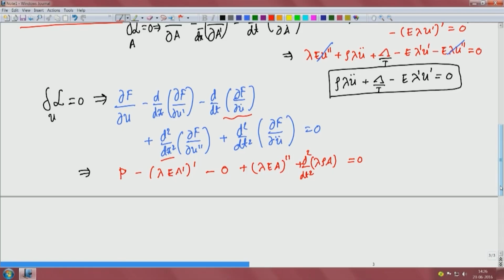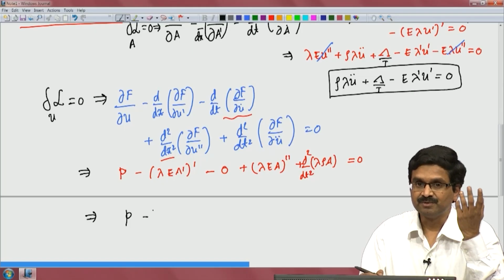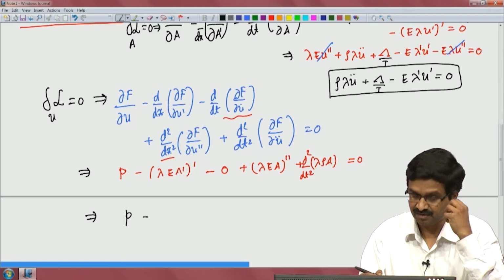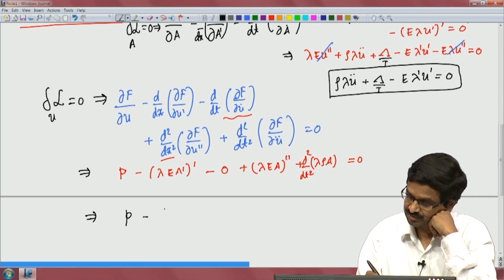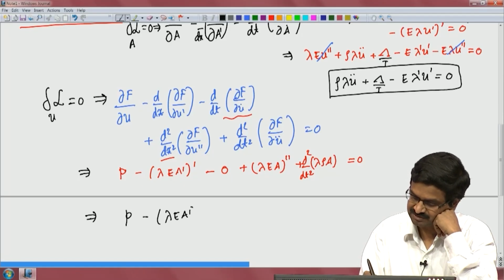Now, let us simplify it. This is the adjoint equation. So, we want to see that it will be similar to the governing equation. What we will do is, we will not expand this, because this is going to get cancelled with something.